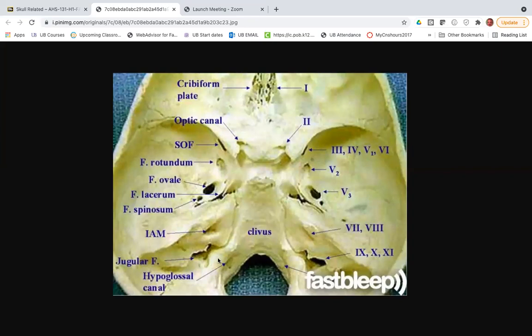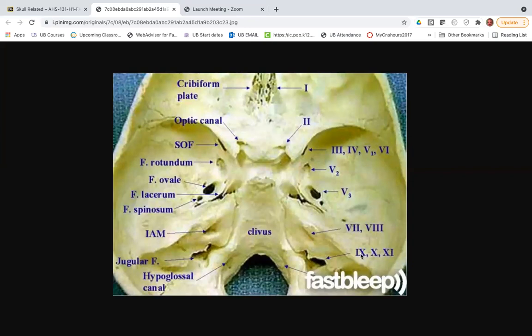Now we have the jugular foramen, and the jugular foramen is for cranial nerves 9, 10, and 11. 9 is the glossopharyngeal. Glosso means tongue, pharyngeal for pharynx. 10 is the vagal nerve, vagus nerve, same thing. And cranial nerve 11 is the spinal accessory nerve.